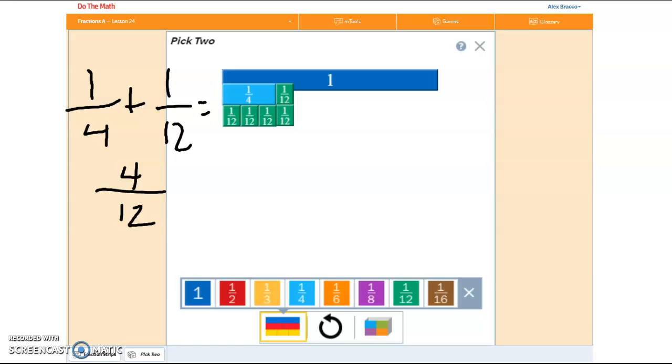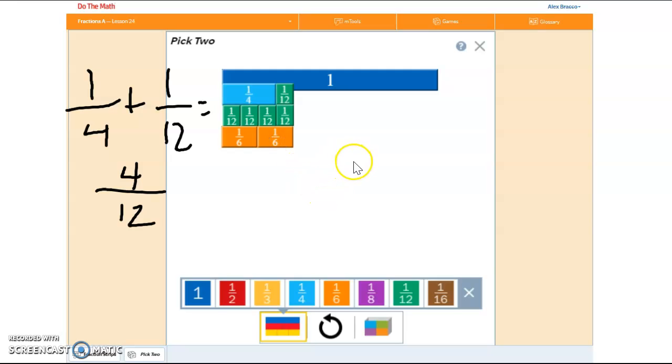It makes it really easy for you because it's using the fraction model pictures to help you. But you could also do this. You don't just have to use twelfths. Here's another way you could do this. You could have 1/6 plus 1/6.